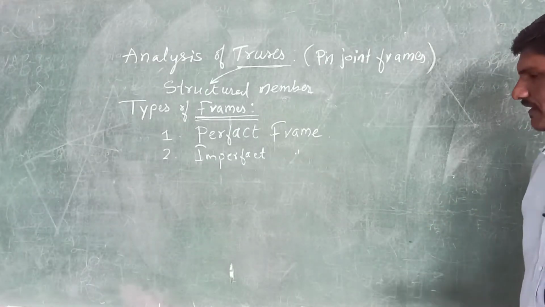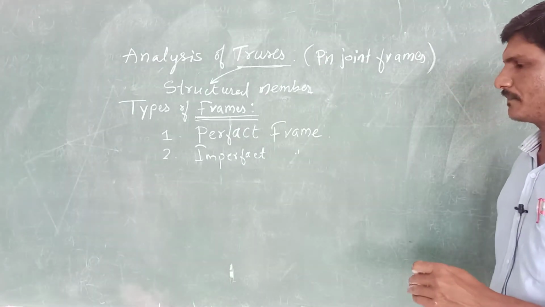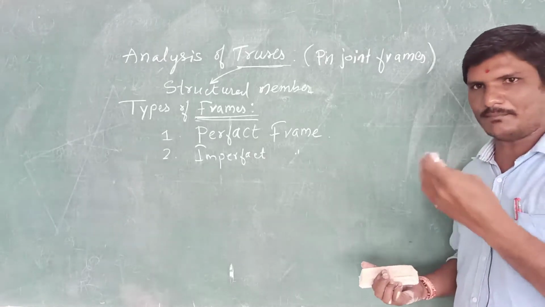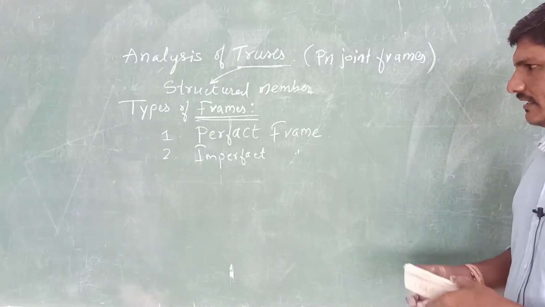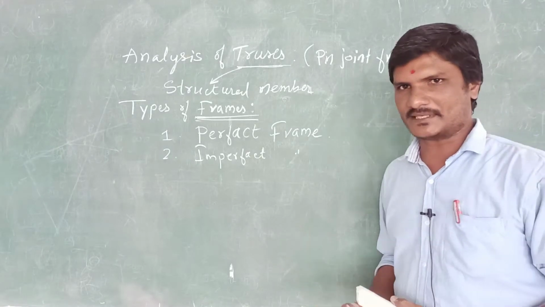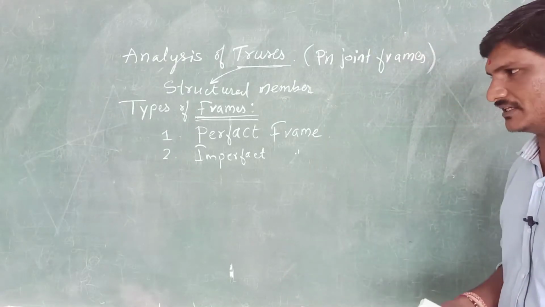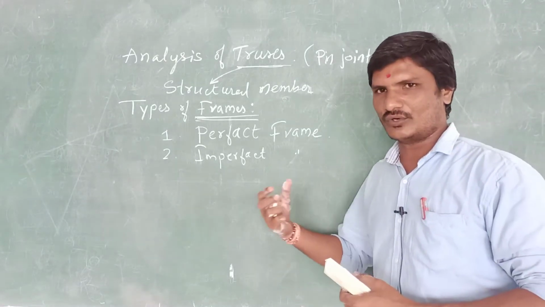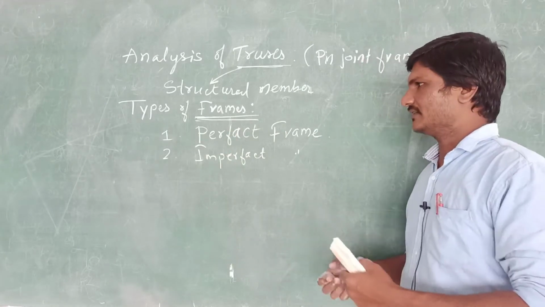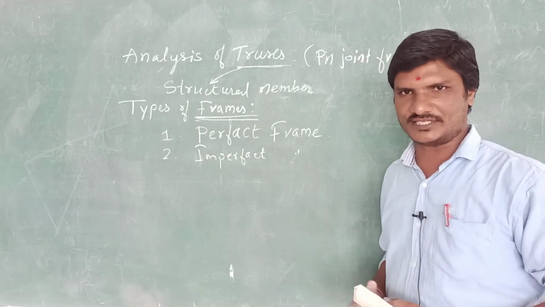Now how will we justify the perfect frames? In a perfect frame, when the load is applied on the members, it will be under equilibrium condition, and there will be no changes in the body.